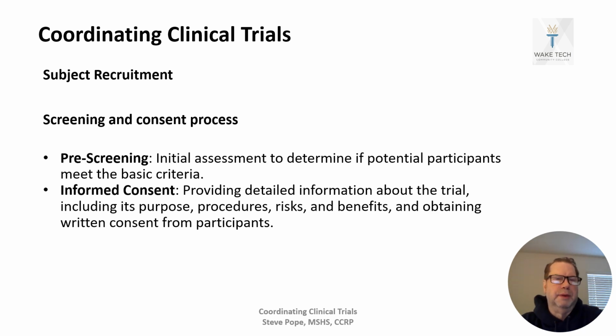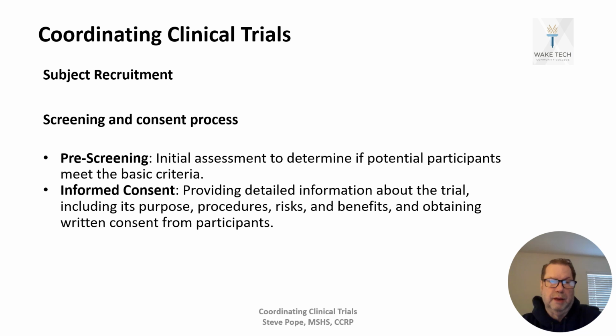So the next element is the screening and consent process. You're going to have a pre-screening area where you've got initial assessment being done to determine if potential participants meet the basic criteria. This might include using a telephone script, for instance, as people may call into your site and inquire about a study.